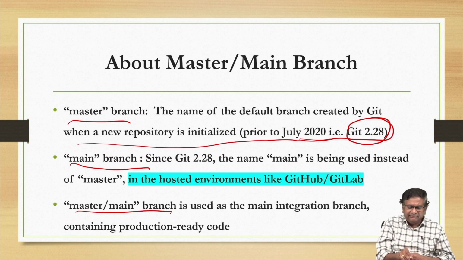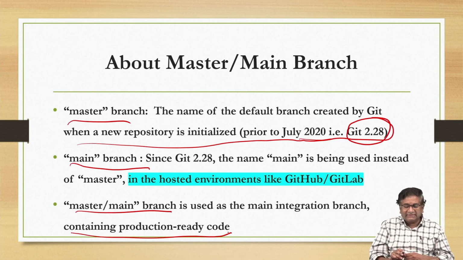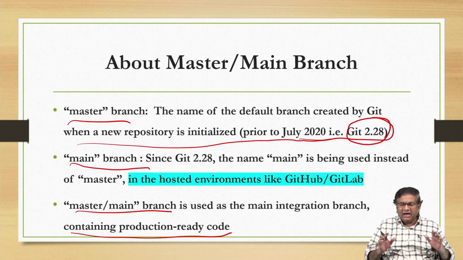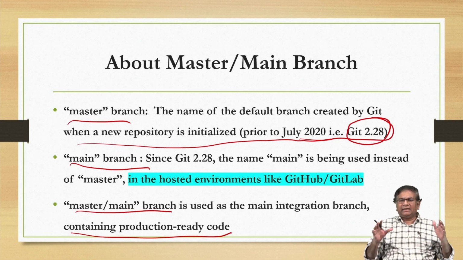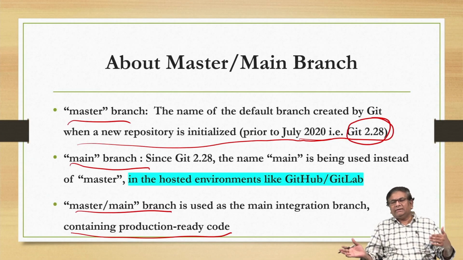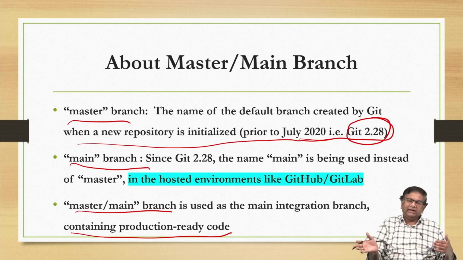The master or main branch is used as the main integration branch containing production-ready code. So basically the master branch is used for production code, and the way it should be organized is that all the people working on a project should have their own branches. Once their code is good and reviewed, then it should be merged into the master branch.